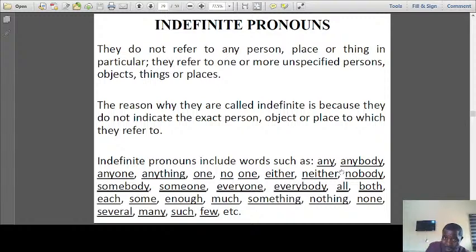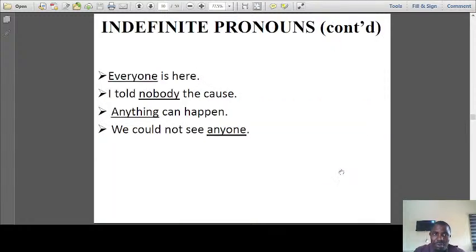The pronoun you are using is an indefinite pronoun, and that is why you say someone is calling you. So you see, everybody is here. John is here, Michael is here, Joseph is here. But you don't want to mention somebody's name. I want to replace that understood noun with a pronoun.